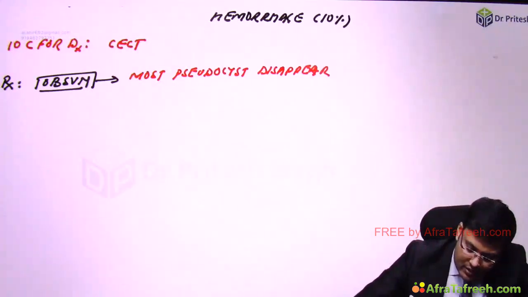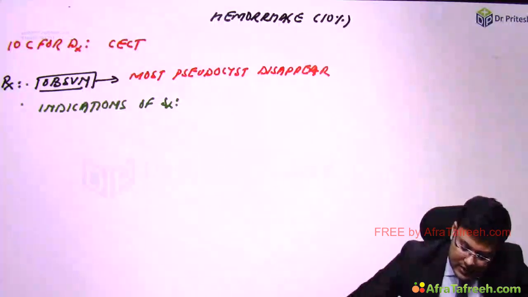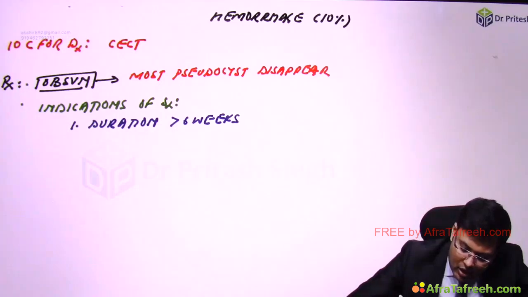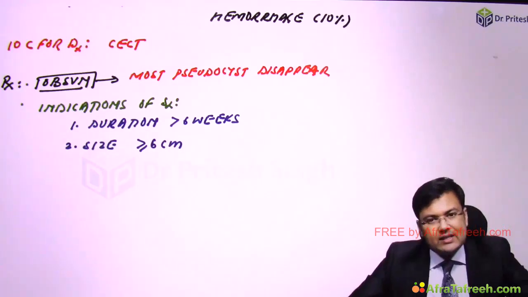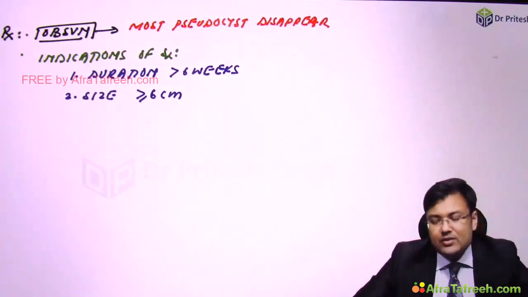So question, what are the indications of surgery? Whenever, first, the duration is more than 6 weeks, or second, size is more than or equal to 6 centimeters. In these cases we have to go for surgical intervention. And what are the treatment options?